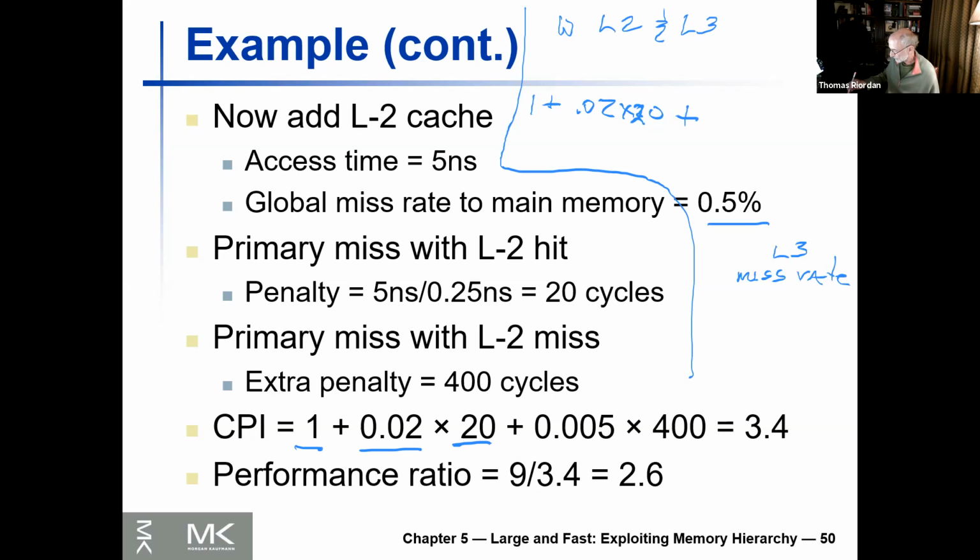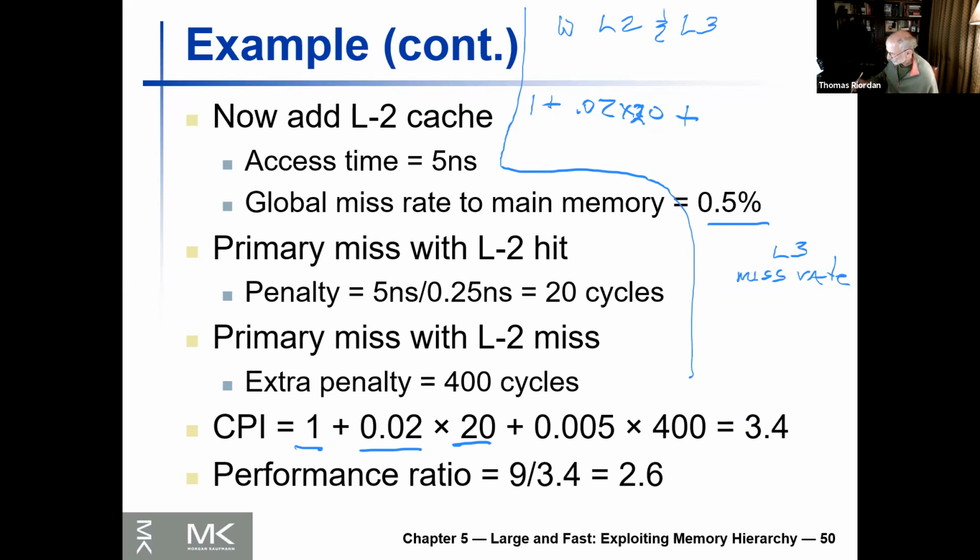And let's just assume that it goes down from 0.5 when we put on a cache that's 10 times bigger, and typically each level of cache is somewhere between 4 times bigger than the previous cache and 10 times bigger, somewhere in that range.